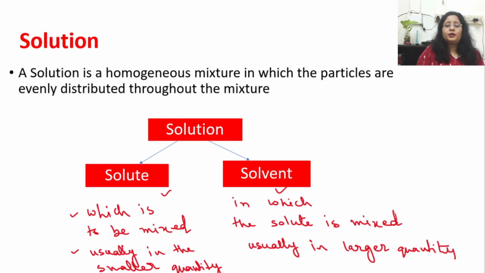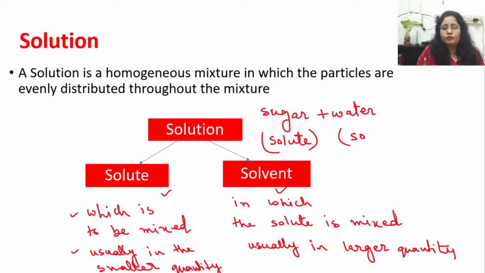For example, if we take a sugar water solution, we can write sugar plus water, and we get sugar water solution. So here sugar is our solute and the water is solvent, because sugar is to be mixed in the water.